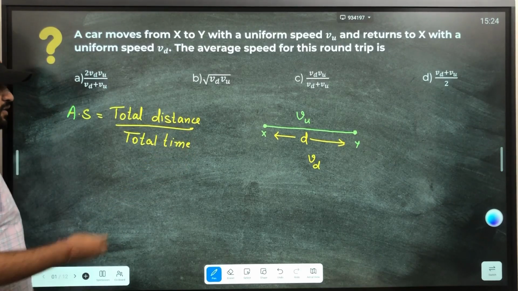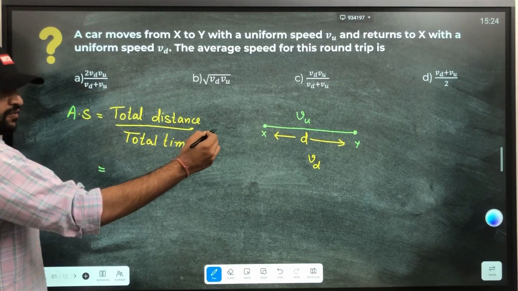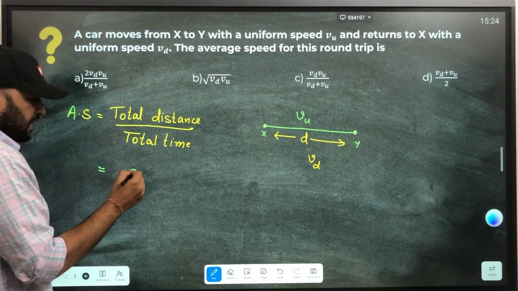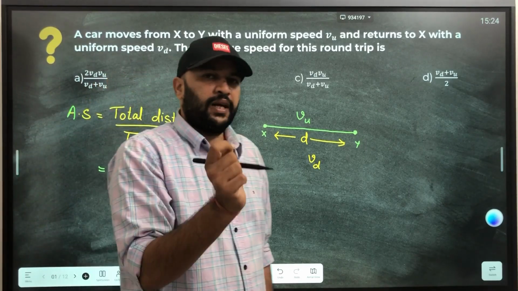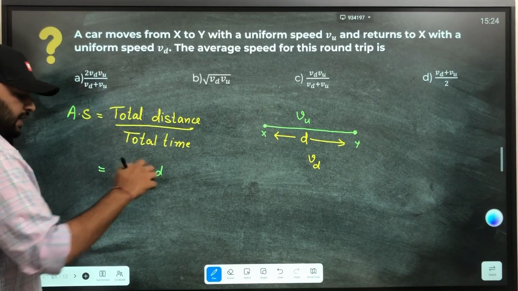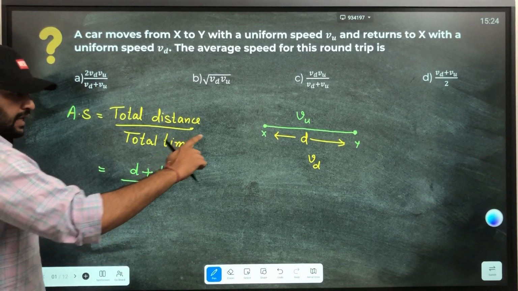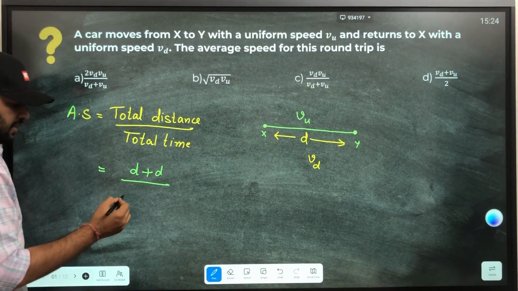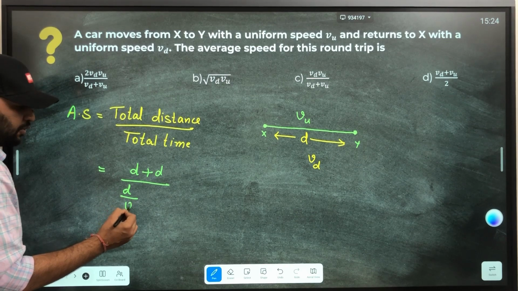Now the total distance: while going from x to y it is d, and while coming back it is again d. So the total distance will be d plus d. And the time, now be very careful: while going from x to y, the time taken is distance d upon speed vu.